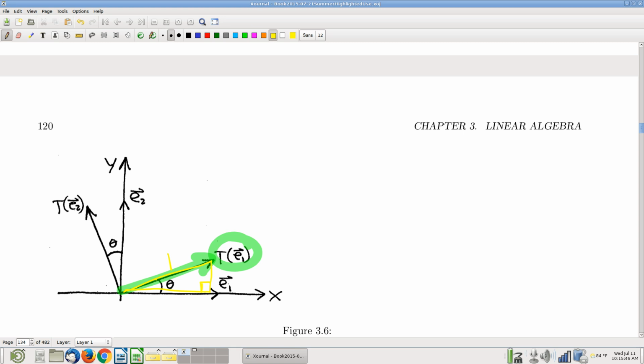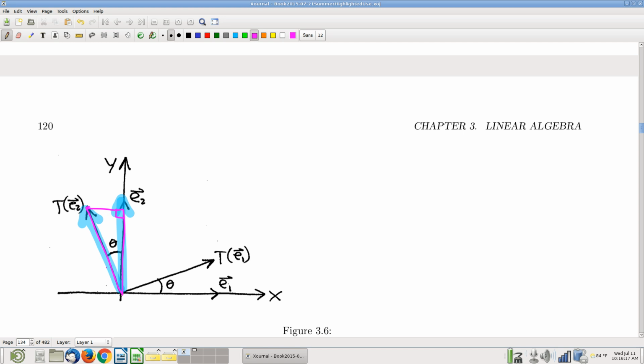Right? Not terribly differently, if I look at E2, look at the rotation of E2, look at this right triangle, you have to think about the cosine and sine, which ones are which, and there's a minus sign involved because the angle theta is not measured from the positive part of the x-axis here.